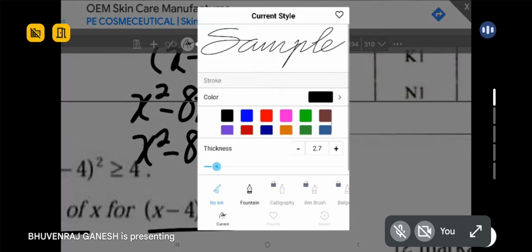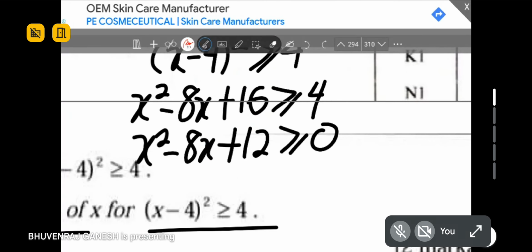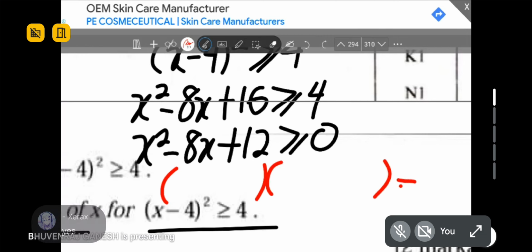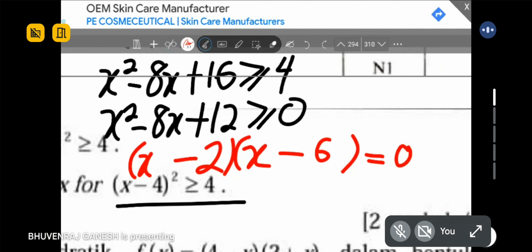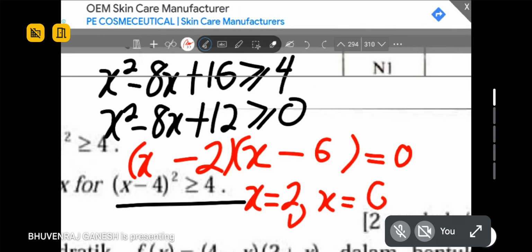Yes or no? Boleh faktorkan yang ni? X square minus 8x plus 12. Can you make it become 2 bracket? Can. Okay, if you try with your calculator, actually can. You will get 6 and 2. Negative, negative. So your answer is x equal to 2, x equal to 6. Am I right? 2 dan 6.